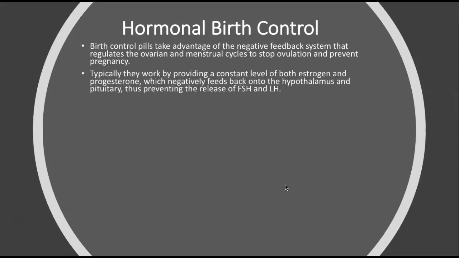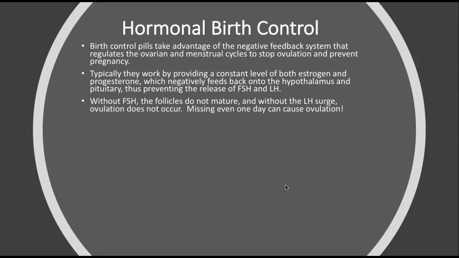Typically, how they work is you take the pill and it provides a constant level of both estrogen and progesterone, which, remember, when you have high levels, it should negatively feed back to your hypothalamus and pituitary and prevent follicle stimulating hormone and luteinizing hormone. Without FSH, follicles don't mature, and without that LH surge, ovulation doesn't occur.